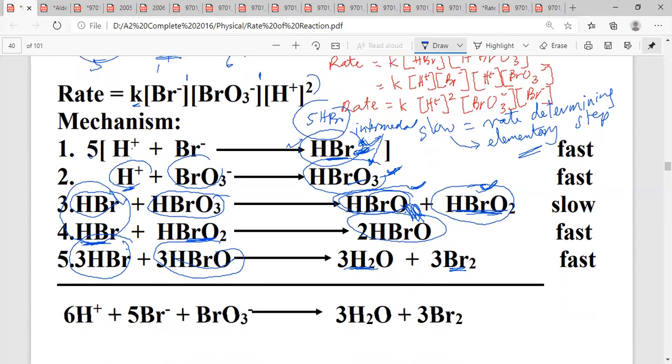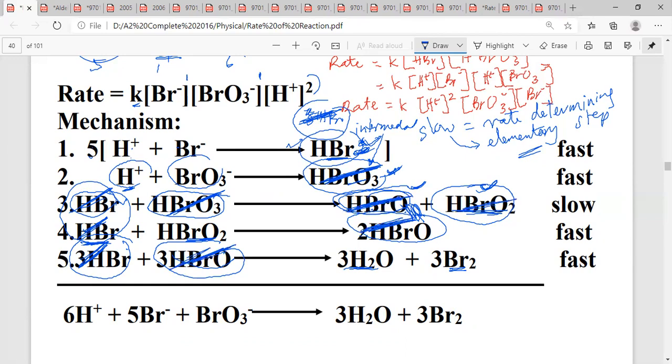Now remember this will be correct if you add up all. They will ask you later in the question. Now we add them up here. Here got 5 HBr, 5 cancel off with this 5. Here's 1 HBrO3 cancel off with one here. So here got 1 HBrO3 together, cancel this 3.